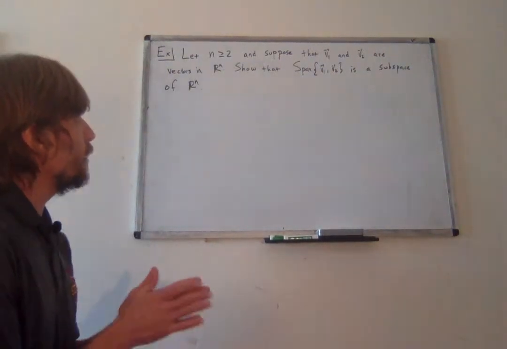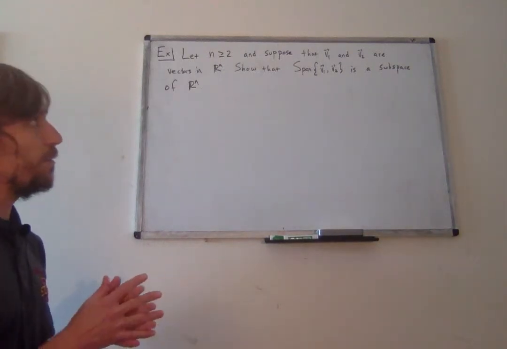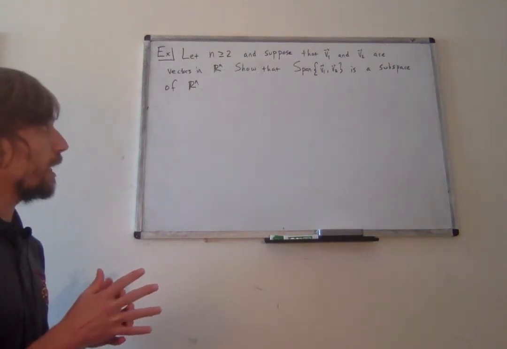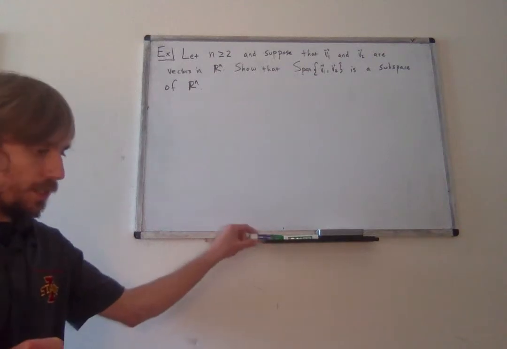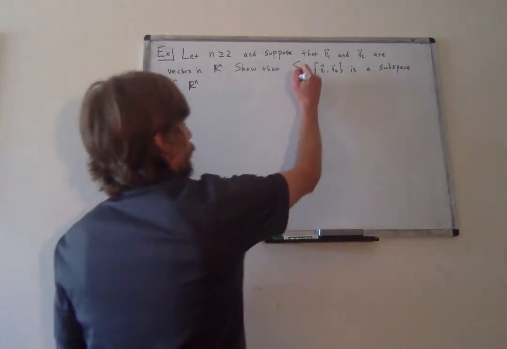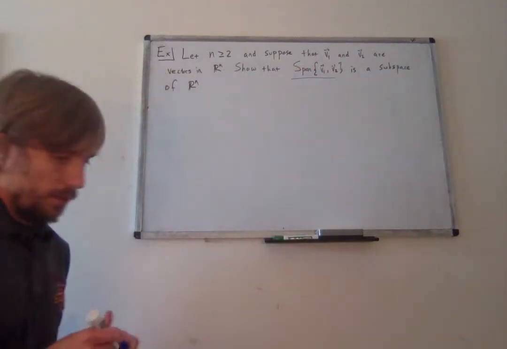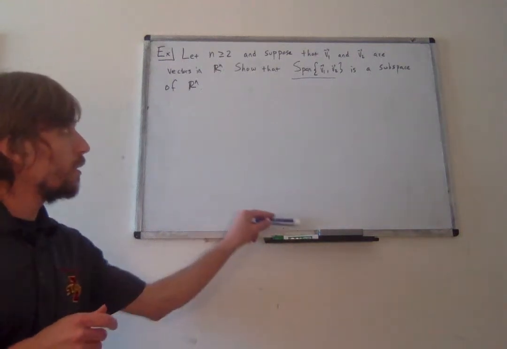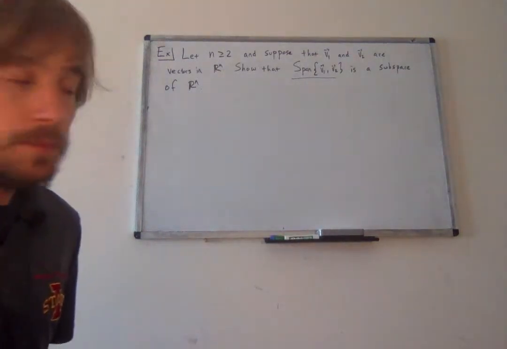Anyways, so if I've got n greater than or equal to 2, we're just going to let v1 and v2 be vectors in Rn. And what we want to do here is show that the span of v1 and v2 is a subspace of Rn.